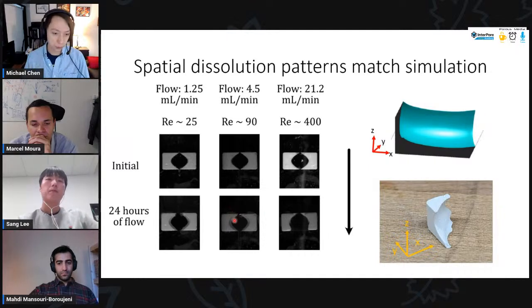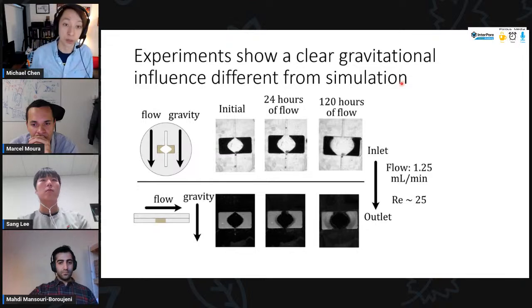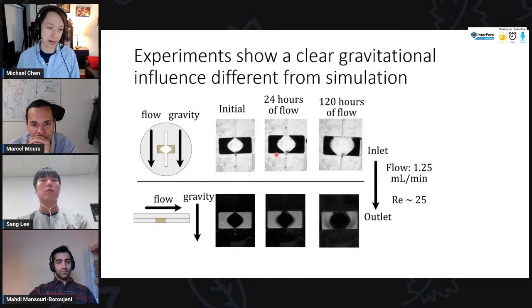However, if you look a little bit carefully, you can see that at the lower Reynolds number cases, we're starting to see more dissolution at the top compared to the bottom, which suggests to us that there's some more complicated behavior here than is being captured in just the simulations. And indeed, what we see is that if we change the orientation of our experimental setup with respect to gravity, we see very strongly that impact, right? So in this bottom row, this is a continuation of that experiment I showed in the last slide, where flow is perpendicular to gravity.